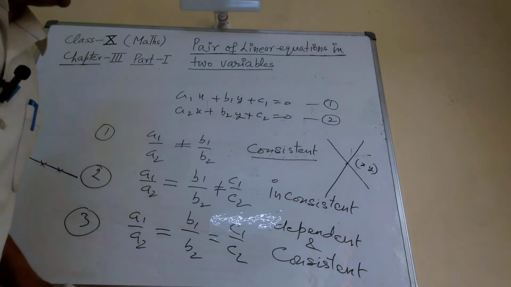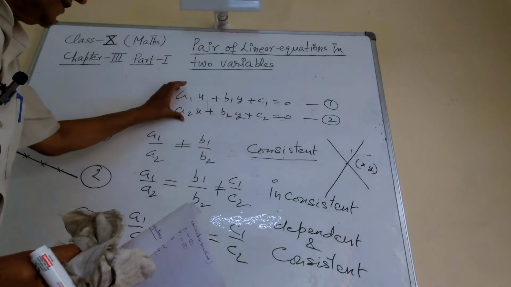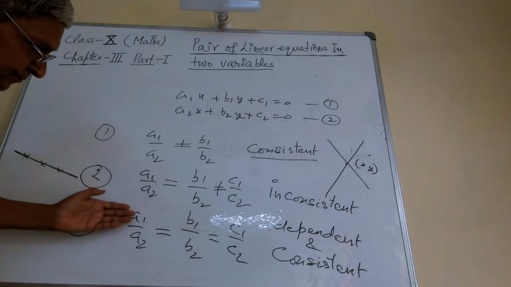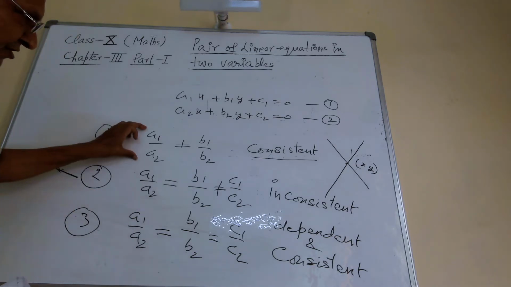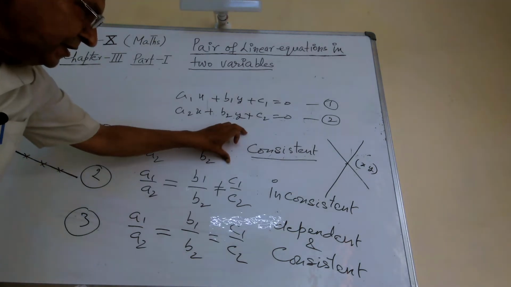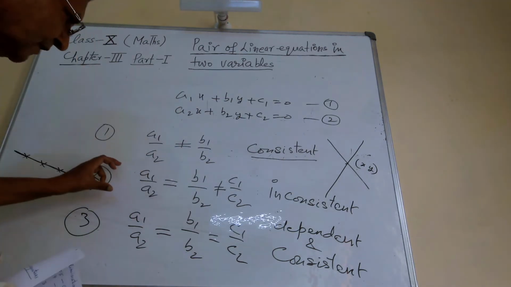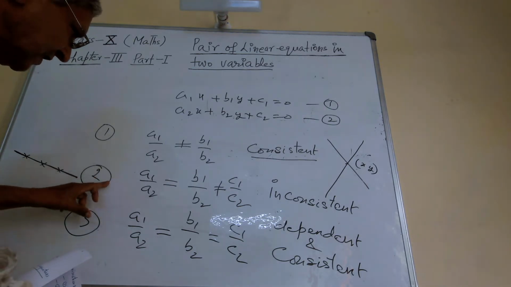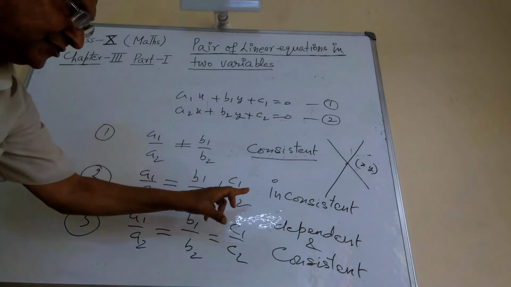So these are the conditions for the two equations. My dear students, before solving the equations, you have to check these conditions. If you get the first condition, there is a solution, and the lines are consistent. If the second condition holds, then the equations are inconsistent.